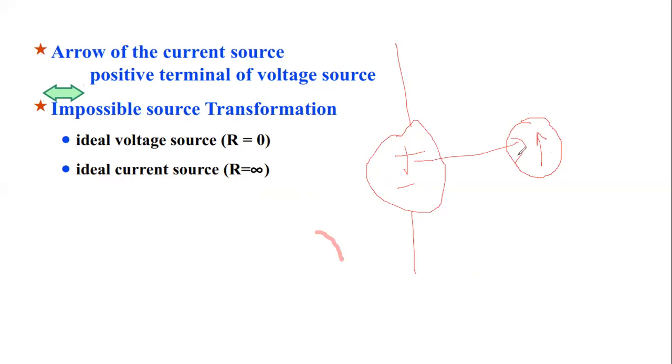Plus is related to the arrow direction. So if you are converting a voltage source into a current source, the direction of the arrow will be like this if the voltage source is having this direction.